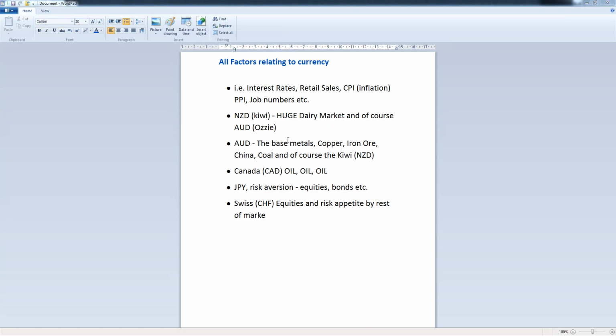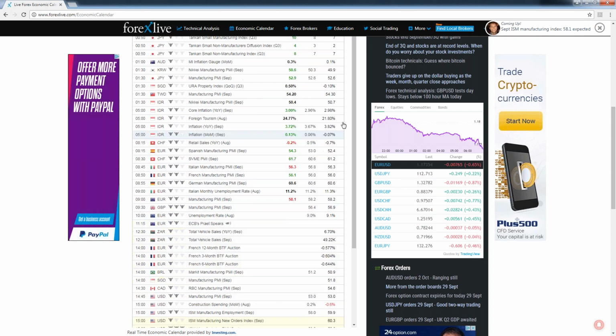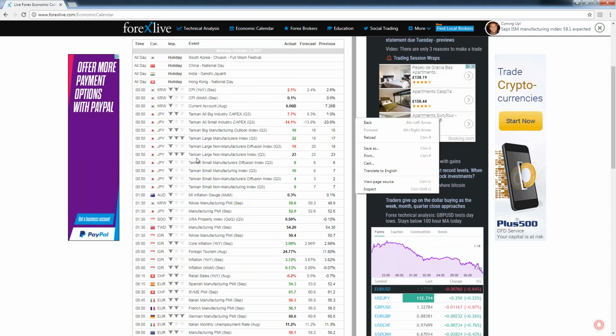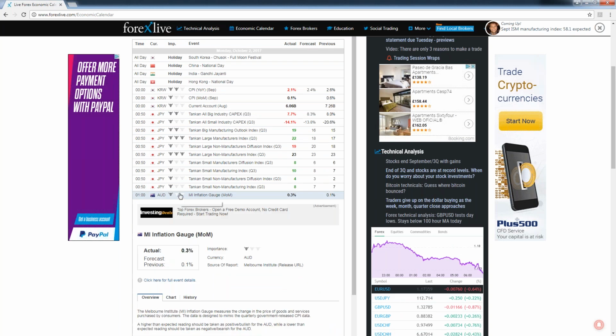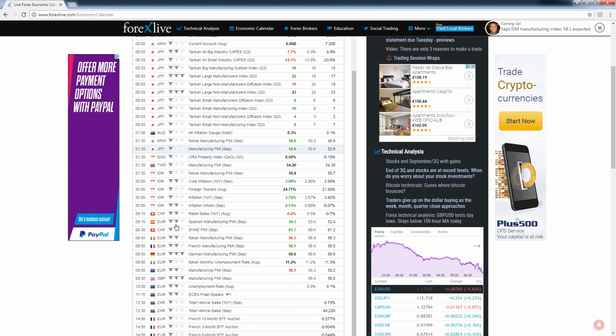And of course, other factors relating to the Aussie Kiwi are sets of data from Australia as well. So when you're trading Kiwi, New Zealand dollar, be aware of Australian sets of data as well. You must factor those in, because both trades of each country are very closely linked, and what affects things in Australia can have a knock-on effect into Kiwi itself. This one here is not a major set of data, but be aware when there's an Australian piece of data out if you are trading Kiwi.